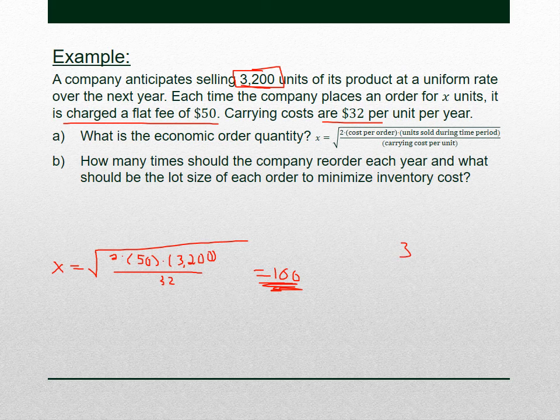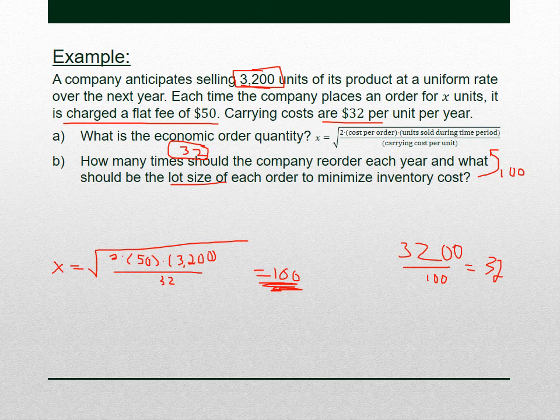Part B says, how many times should they reorder each year, and what should the lot size of each order be to minimize the cost? Well, how many times should they order each year to minimize cost? We want to order 100 things at a time, and we want to sell 3,200 things. So if we want to sell 3,200 things and order 100 things each time, that's 3,200 over 100, which is, I gave it away, 32.